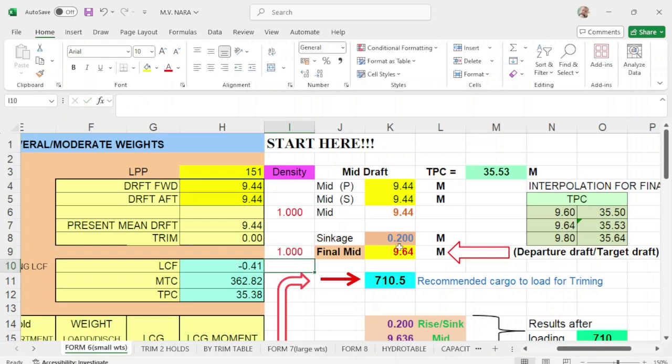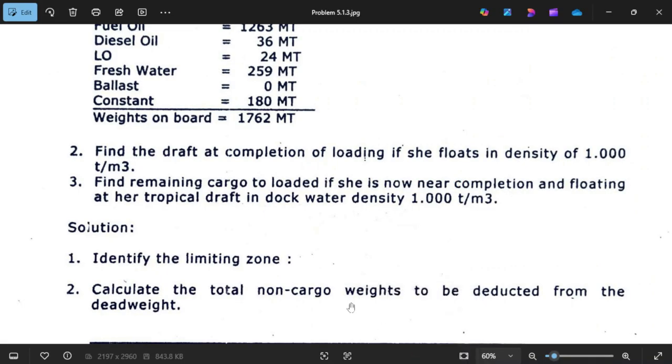Find the draft at completion of loading if she floats in 1.00.